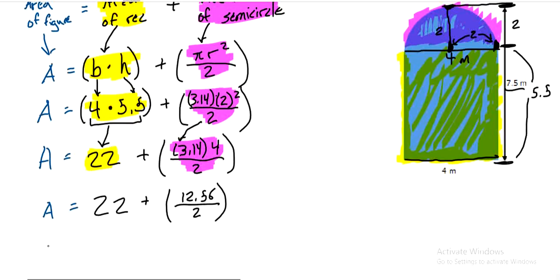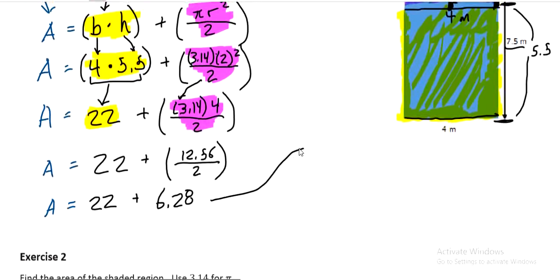Getting closer, 22 is going to stay, plus 12.56 divided by 2 gives us 6.28. Our last step we have to do is add 22 plus 6.28. So the area of this blue shaded region will be 28.28, and all the measurements were in meters, so it's meters squared to the second power.